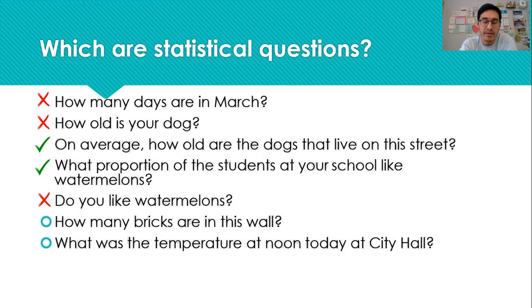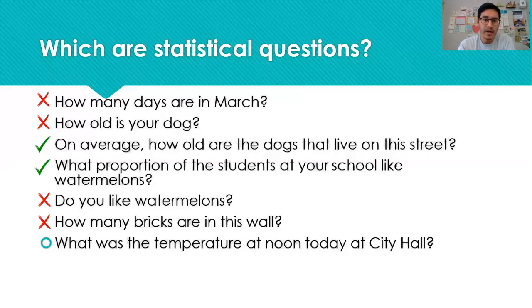How many bricks are in this wall? Well, again, the word wall is singular. So we expect to get one measurement, one recording. So there will be no variability in the data we collect. What was the temperature at noon today at City Hall? So again, this question is very specific. It's about a specific place at a specific time. So there's only going to be one answer.